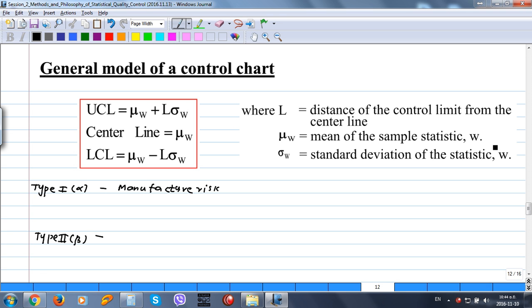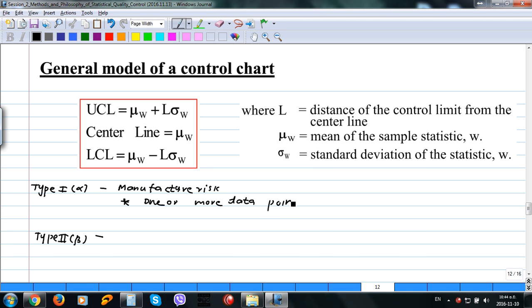Faults mean that one or more data points go beyond the control limits. If one or more data points go beyond the control limit, it means there is an error.